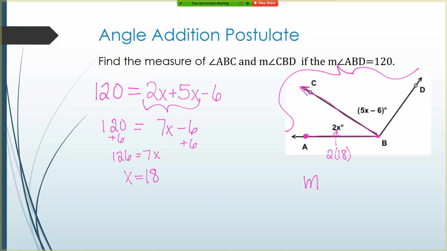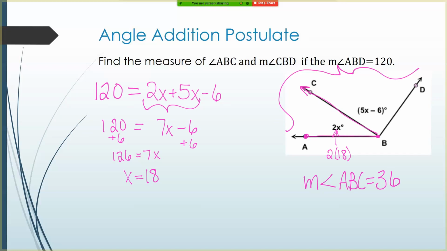So the measure of angle ABC is 36. I'm also asked to find the measure of angle CBD. CBD is this angle here. If I follow from C to B to D, it's talking about this inside here.